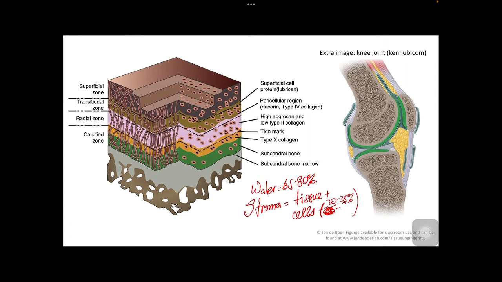And you can see that it is a material that lines the joints. What we're looking at here is the knee joint. It's a figure that is not in the book, but it's a nice figure of a sagittal cut of the knee joint.